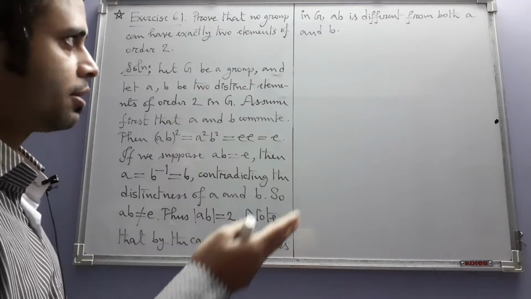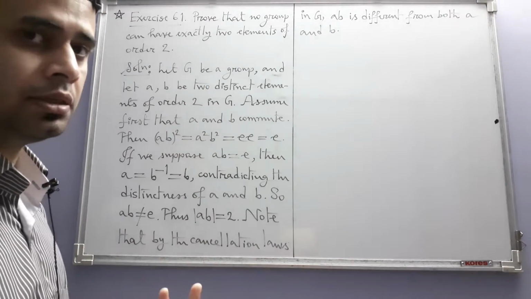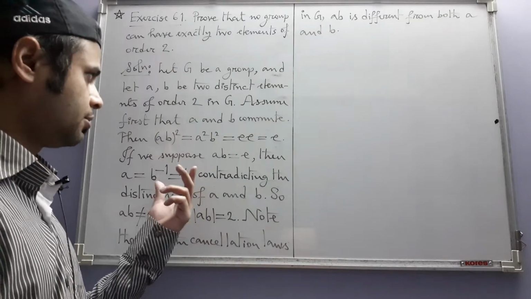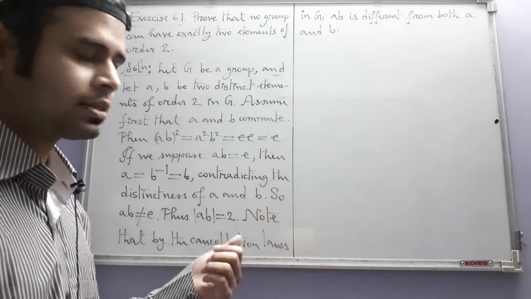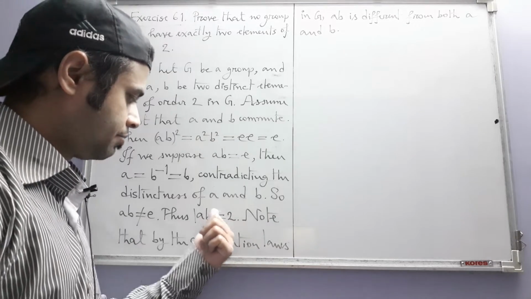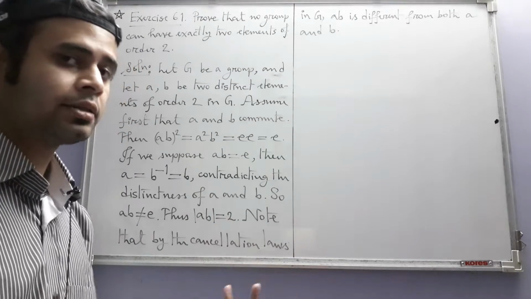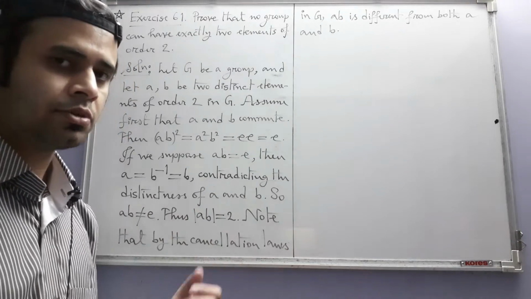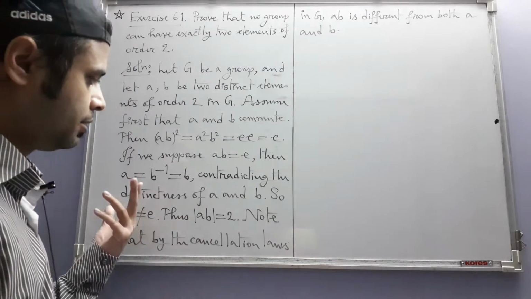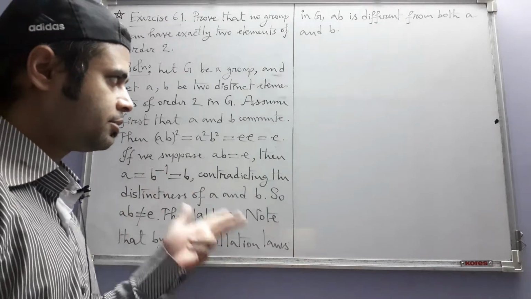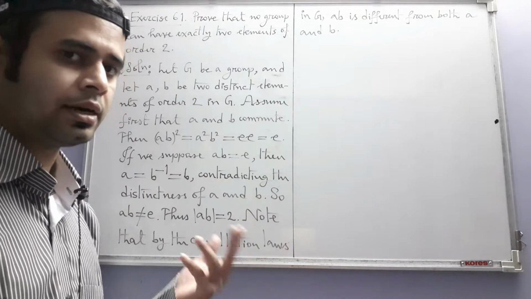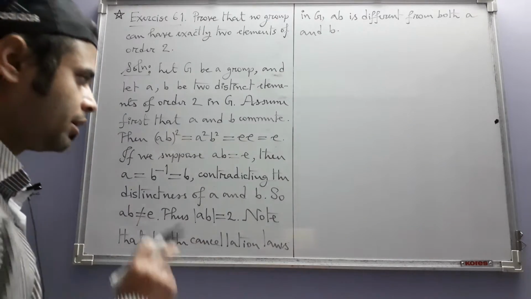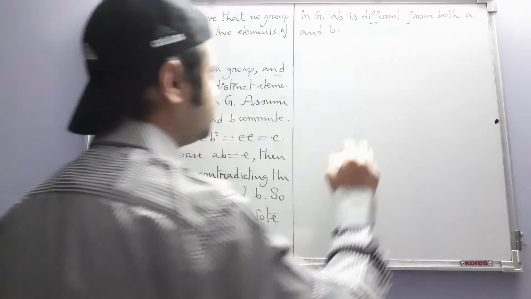Similarly, AB cannot be equal to B. So our assumption that A and B commute has led to the conclusion that there is another element besides A and B which is also of order 2 in G. So in this way, if there are at least two elements, then there are at least three elements of order 2 in G when those two elements commute.